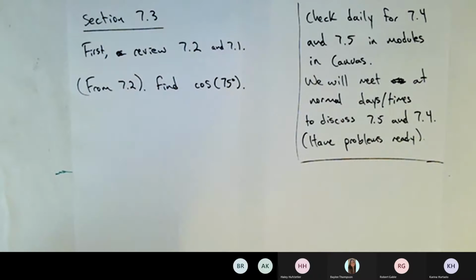So recall that 7.2 was about these addition and subtraction formulas. What they allowed us to do is expand from just being able to find exact solutions for very specific angles, like your 30 degree, 45 degree, 60 degree, and 90 degree angles, or pi on 4, pi on 3, pi on 6, pi on 2 angles, to let us find combinations, either sums or differences of those angles.